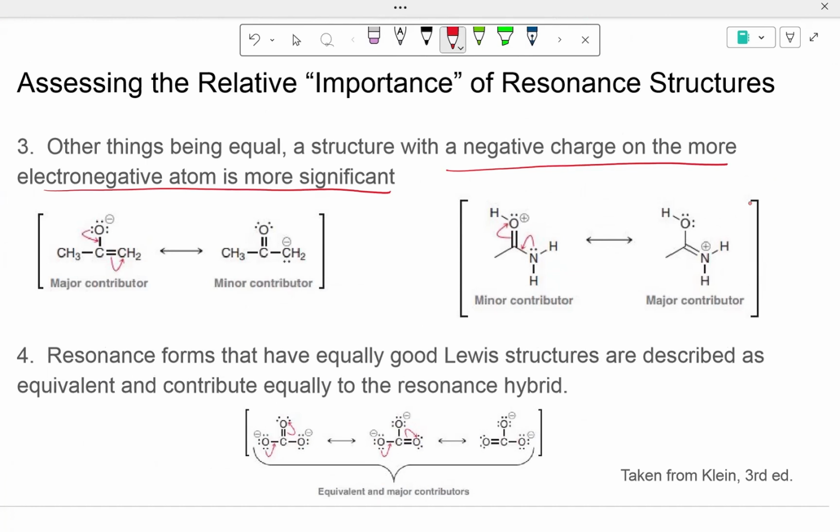Both of these resonance forms are equivalent in terms of having a full octet and the same amount of formal charges, but the one on the right has the negative charge on the more electronegative atom.